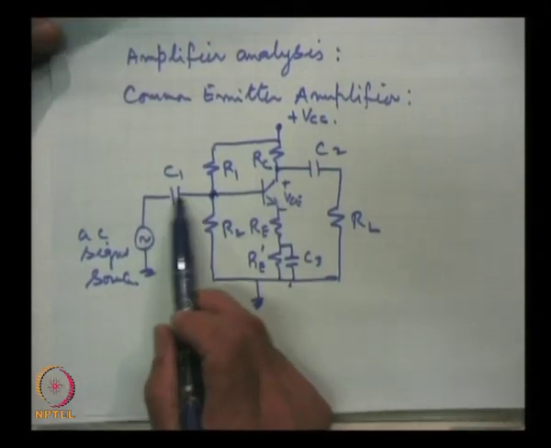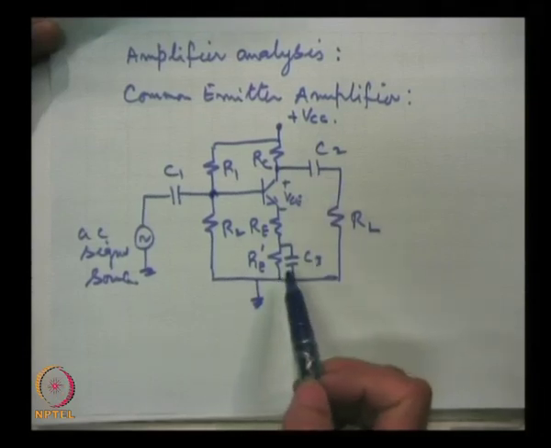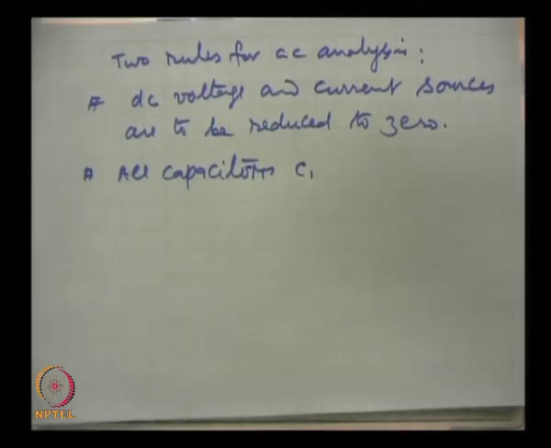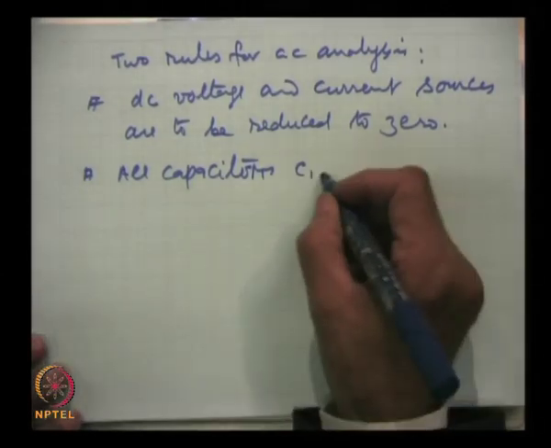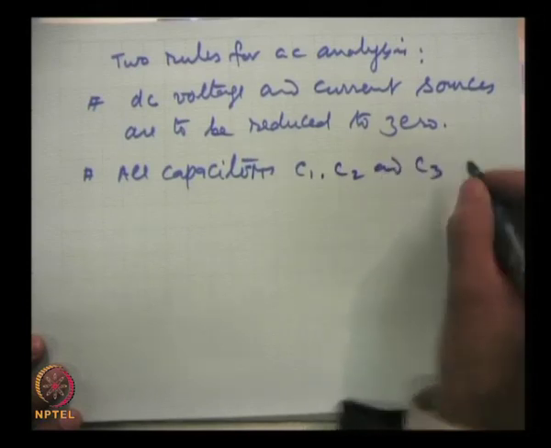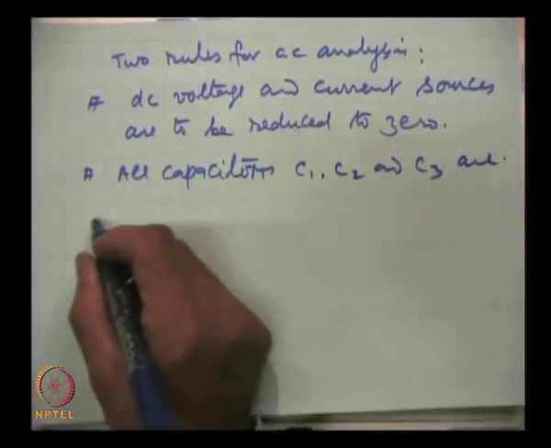So, they will offer negligibly small impedance, and so we short them. C3 are shorted.